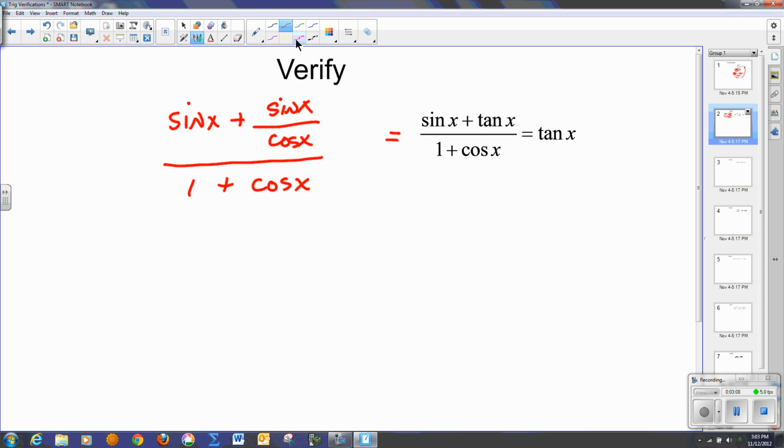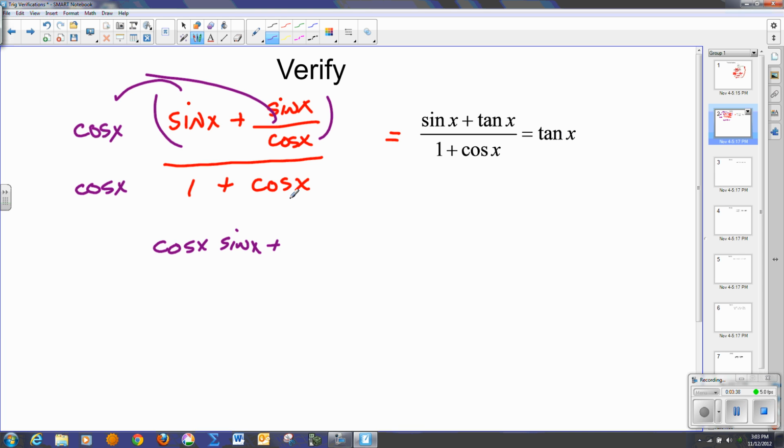I don't like the complex fraction, so I'm going to multiply both the numerator and denominator by cosine of x. So in the numerator, I have cosine x, sine x, plus the two cosines reduce, you'll notice, because I'm distributing through. So I have sine x left.